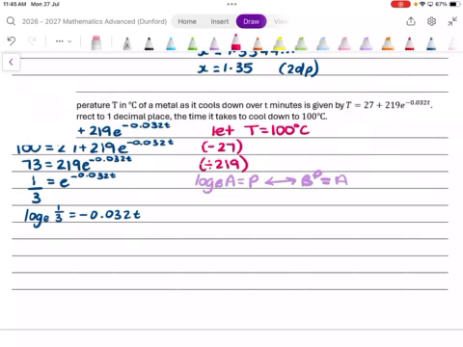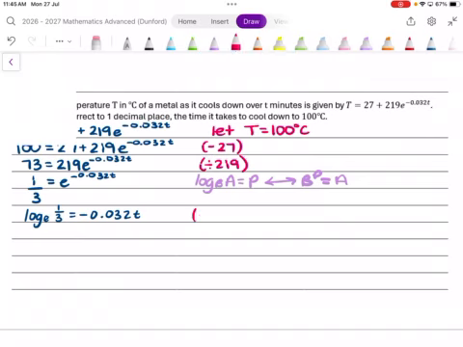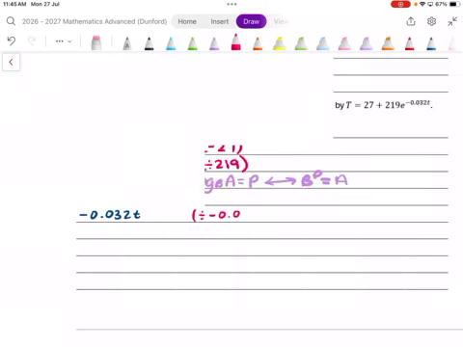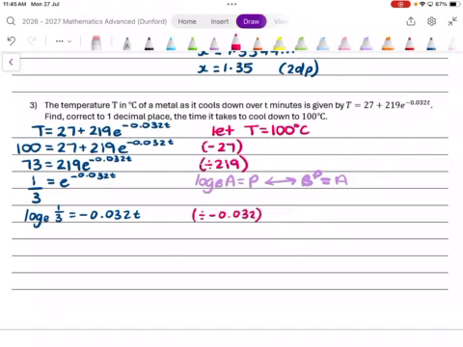We currently have a negative 0.032 times our t. So what we're going to do is divide both sides by negative 0.032. So we'll get t equals ln a third over negative 0.032.